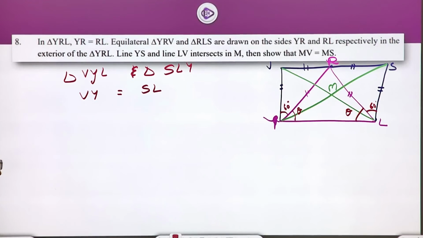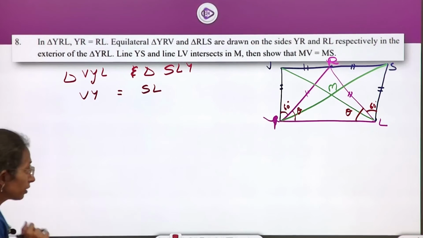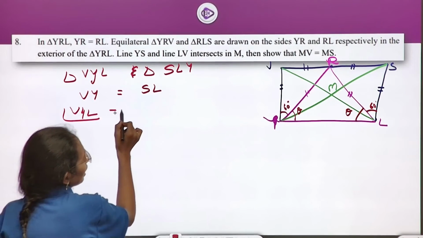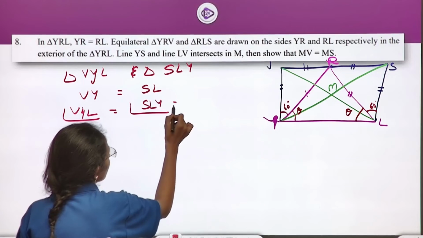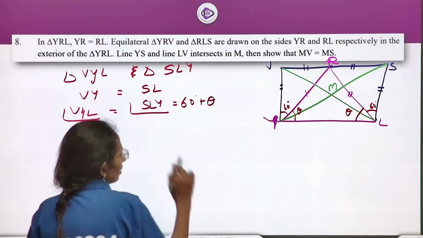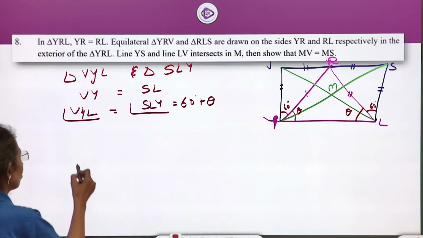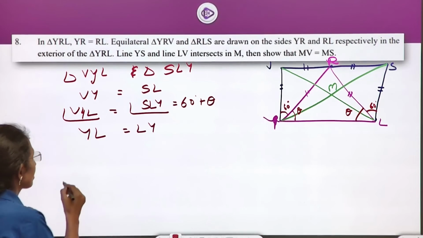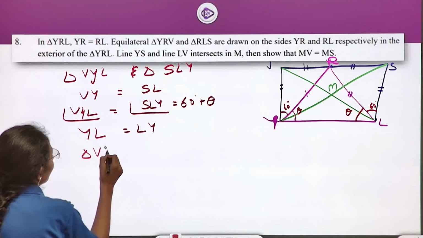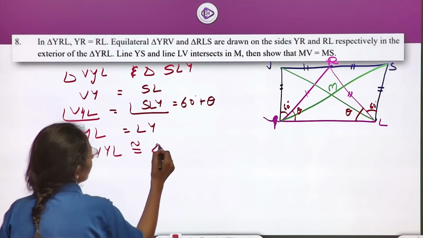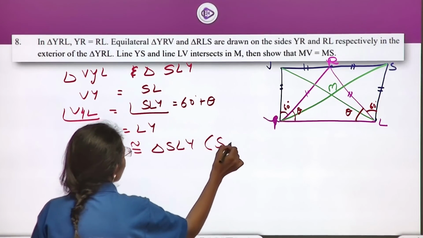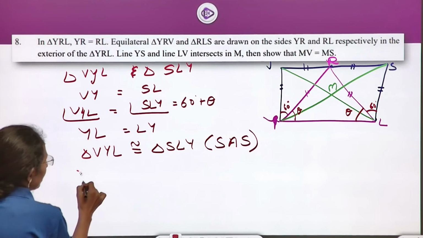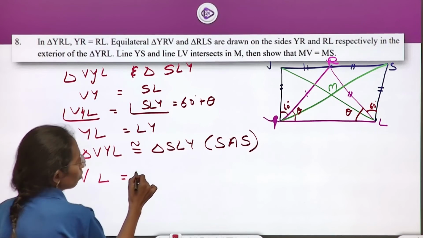This is already given to us. So these two sides are equal. Second, angle VYL and angle SLY are both 60 degrees plus theta. So these two angles are equal. Now YL is equal to LY. This side is common. So we can say that triangle VYL is congruent to triangle SLY by SAS congruency.